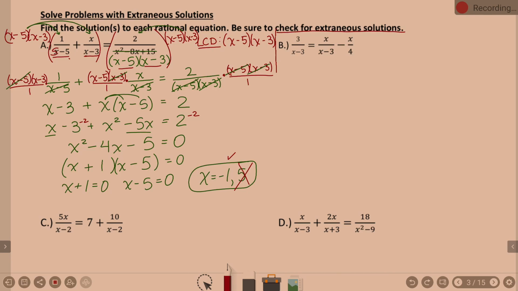Let's look at some of the other twists and turns here. B: 3 over x minus 3 equals x over x minus 3 minus x over 4. Any thoughts on what we should use as the least common denominator?